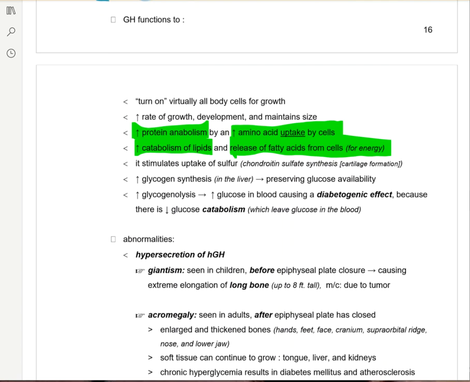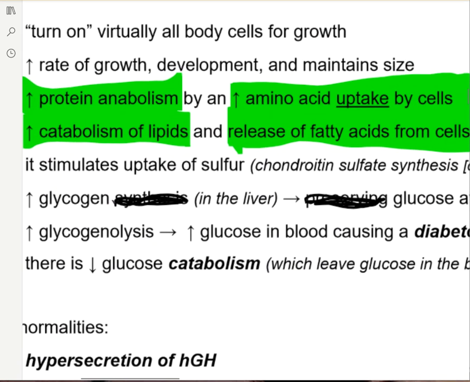And the more important one to me is that it increases glycogen synthesis, which actually is incorrect. Let's change that. Get rid of this. This is switched. We're going to write in some new words here. Forget that this is an error.